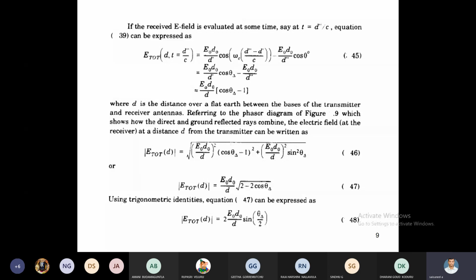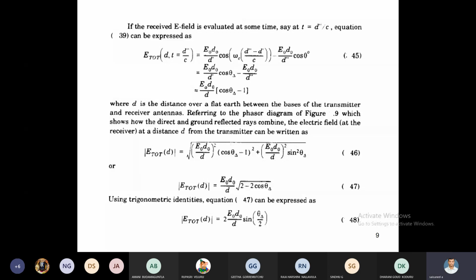Now we are calculating exactly the modulus of E total with respect to d, which is equal to the square root of E0 d0 by d, whole square, times cos theta delta minus 1 square, plus E0 d0 by d whole square sin square theta delta. Finally, applying trigonometric identities, we get modulus of E total of d equal to 2 E0 d0 by d sin theta delta by 2.